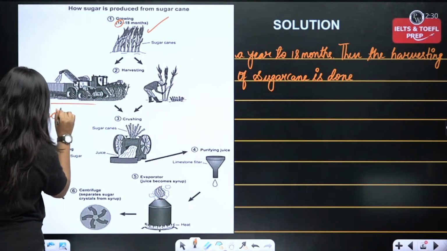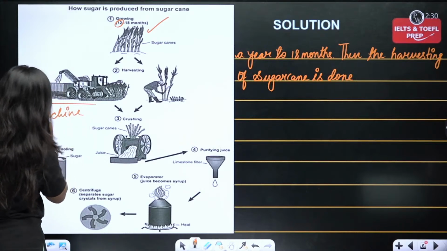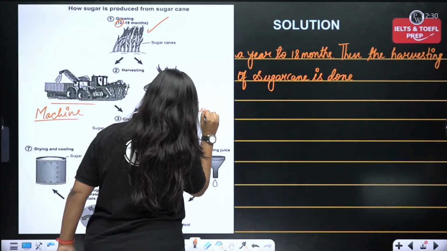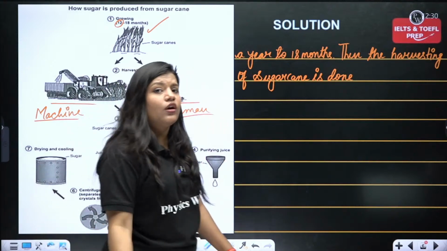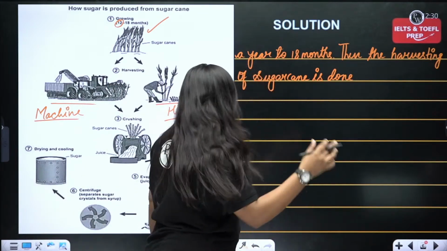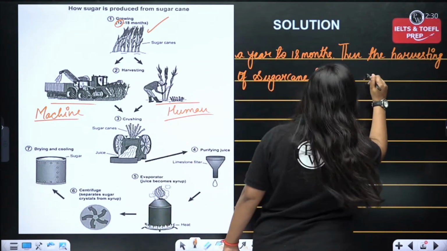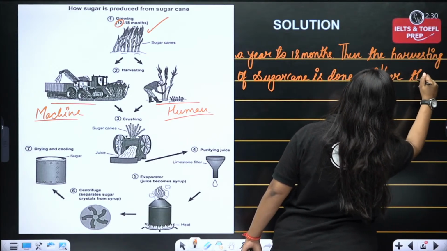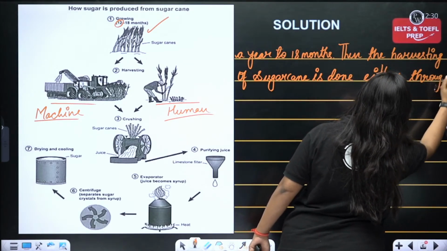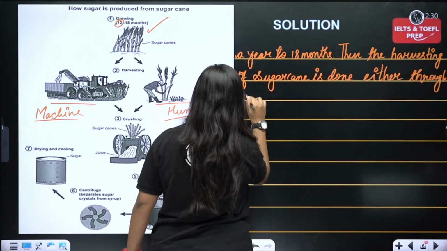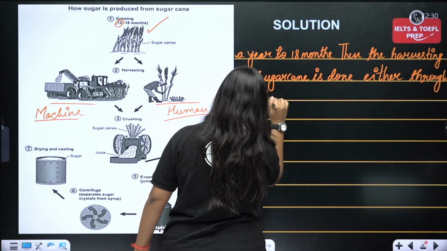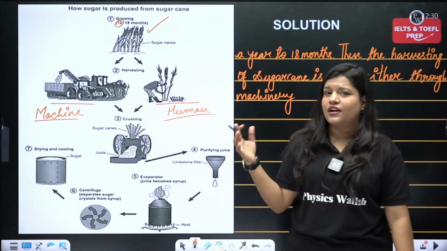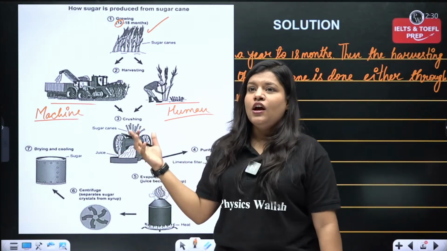The first is done by machine and the second is done by human, which is known as manual or machinery used. Okay? So now come here. Harvesting of sugar cane is done either through machinery or with the help of machinery.